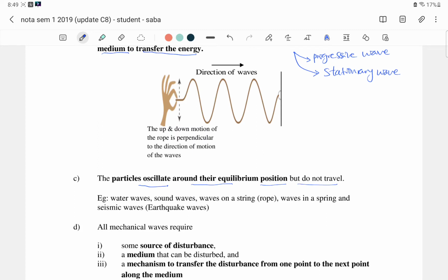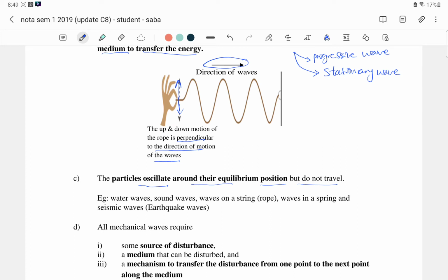Okay, so this is my hand. Alright, so here we have a string and we move the string up and down, okay, perpendicular to the direction of motion of the wave. So to the right is the direction of motion of the wave.